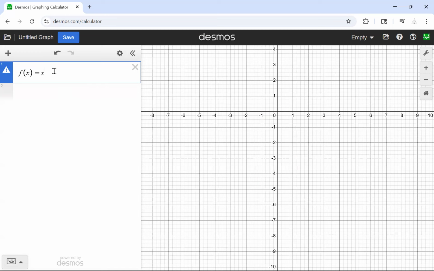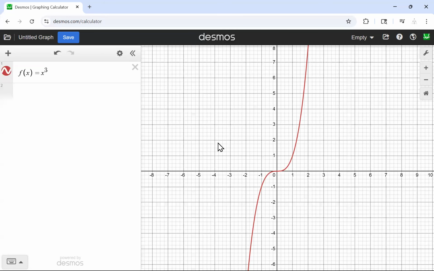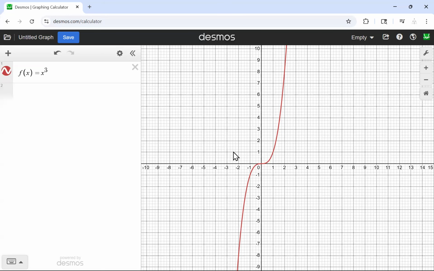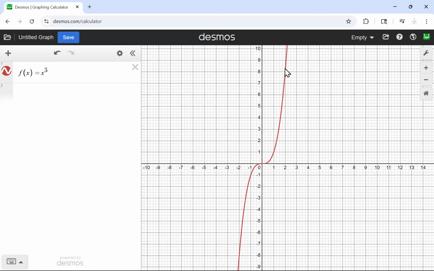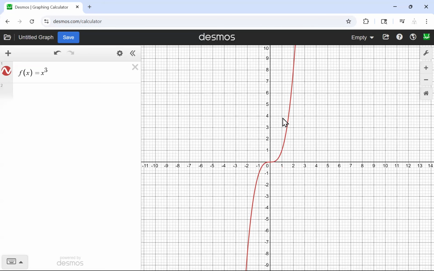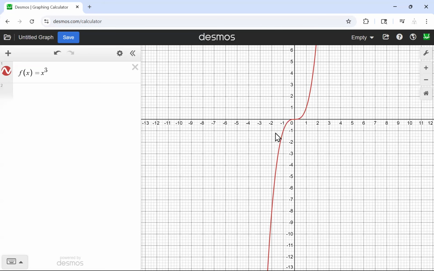Now, on the other hand, we saw that if we have our function, which is x to an odd power, that is a positive odd power, then as x moves towards the right, the y value is going to shoot up towards positive infinity. As x moves towards the left, the y value shoots down to negative infinity.